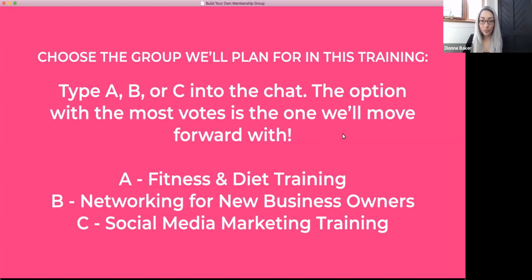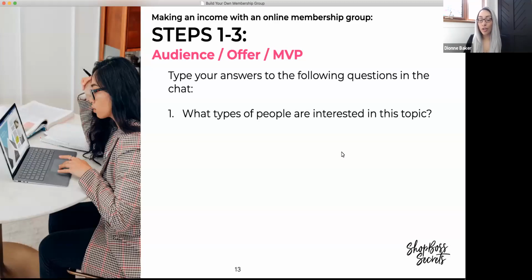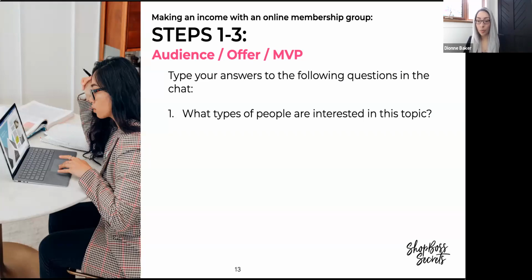Okay. So if we're going through steps 1 through 3 here, we're going to want to answer the following questions. First, what types of people are interested in fitness and diet training? Is it people who have recently had children? Who do we want to serve is basically what we're trying to answer with this question. Do we want to serve new moms?